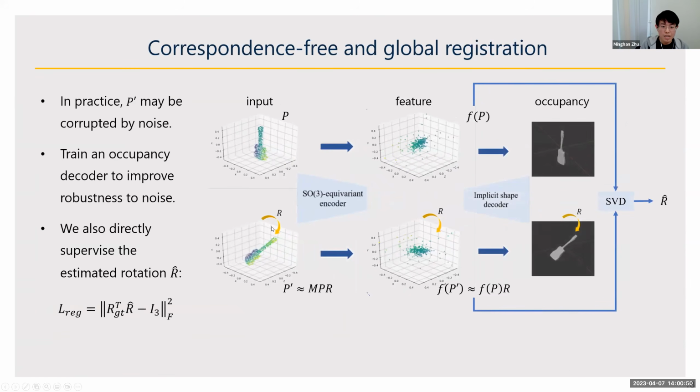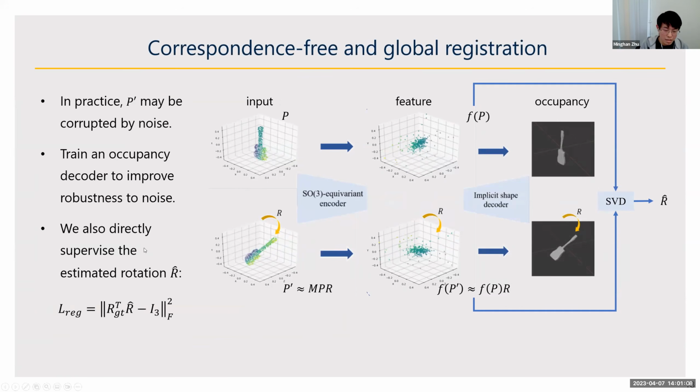And in practice, we know that P prime may not exactly be a rotated copy of the other point cloud, but they may be corrupted by noise. So we also train an occupancy decoder to make the features more robust to noise.